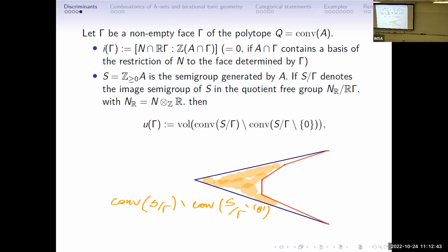So the definition of this U corresponding to a face is basically the volume of what's pictured here in yellow. You take the cone over the red and you remove the part generated by the red boundary without the vertex, and what you get is a finite number, the volume, which is equivalent to counting lattice points.